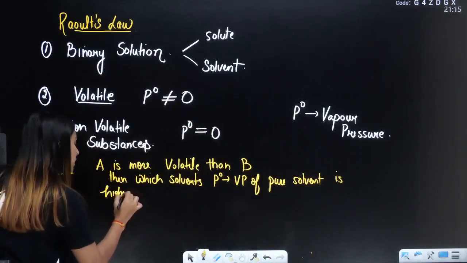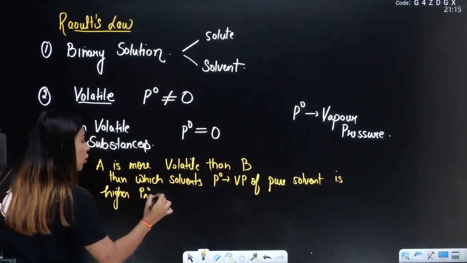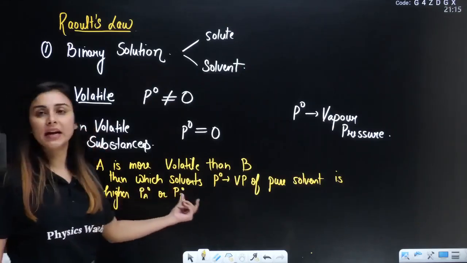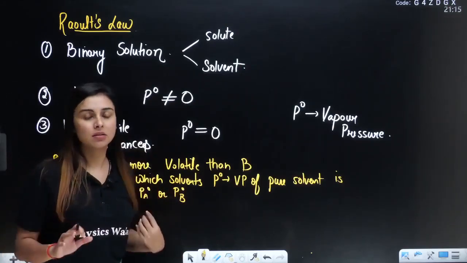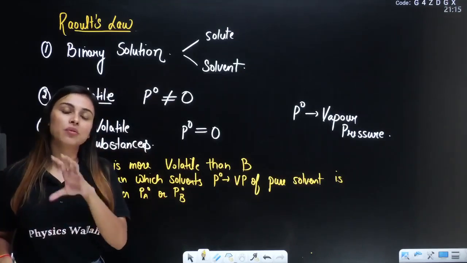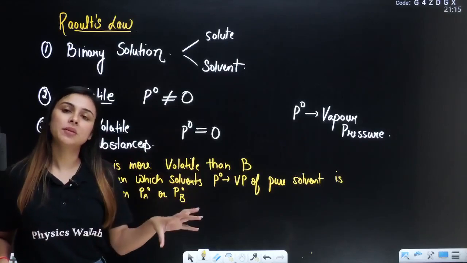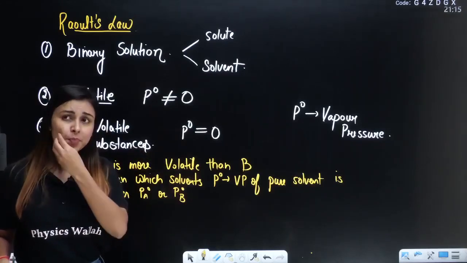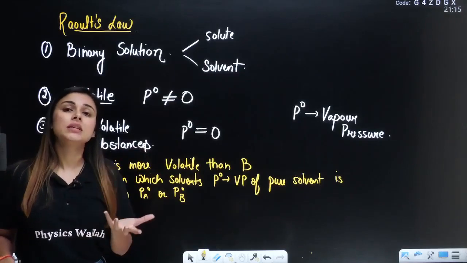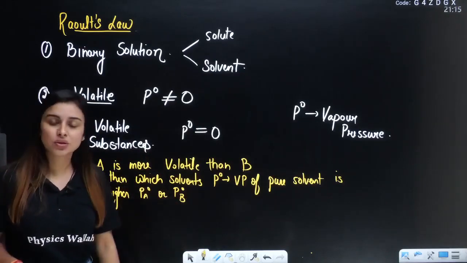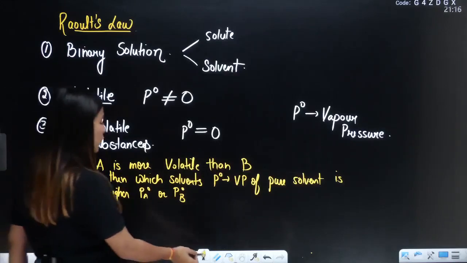PA naught or PB naught. You have two volatile substances A and B, and PA naught is the vapor pressure of pure solvent A and PB naught is the vapor pressure of pure solvent B. If A is more volatile than B, then which of the vapor pressures is more?